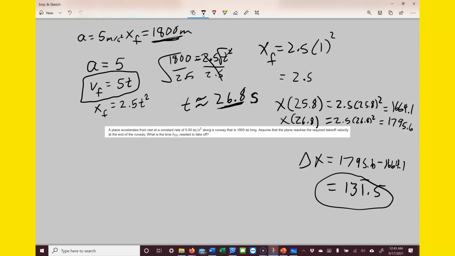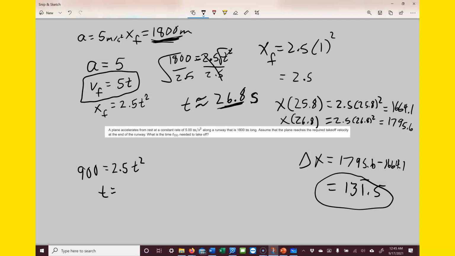All right. The midpoint of the runway, if the runway is 1,800 meters, is 900 meters. So 900 is the final position in that case. And I can find the time that way, just doing a little algebra.